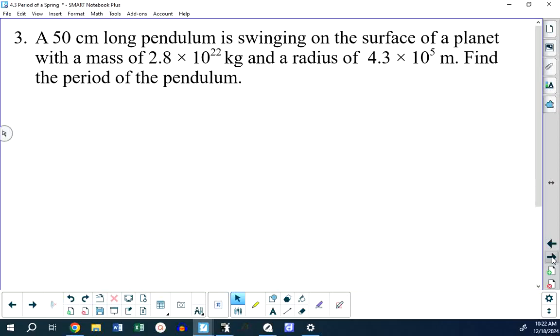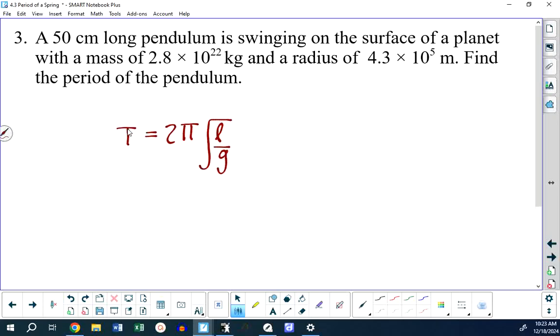Okay. What do we need to find here? Well, we need to find the period, which is 2 pi root L over g, but we don't know g. We're getting near the end of the course. These are some things that you should be familiar with. If I want to find the acceleration due to gravity on an unknown planet, I use the formula for gravitational field strength.